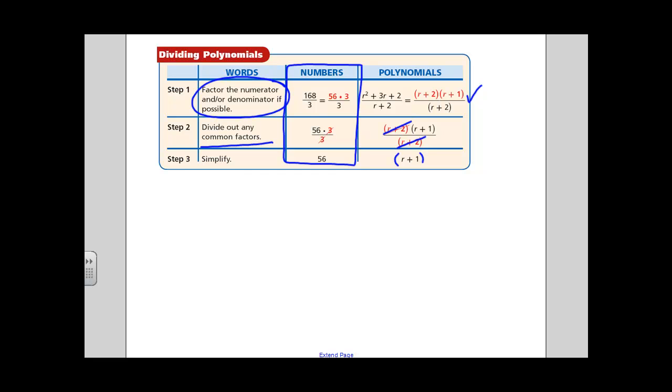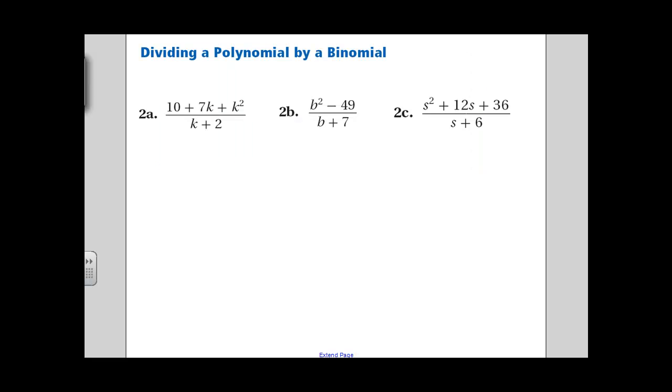So let's do some of this stuff. It should just be kind of review since we've already done stuff like this. So let's look at 2a. The very top thing is a trinomial. So let's see if we can factor this. I need two numbers that add to make 7 and multiply to make 10. So we got 2 and 5.